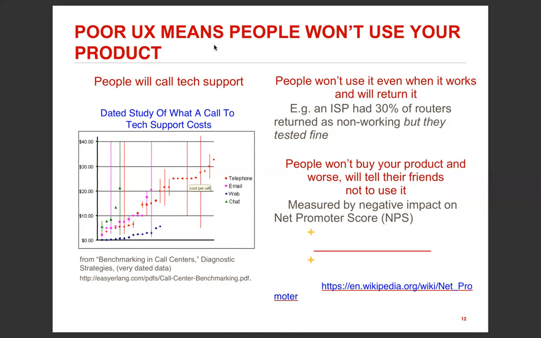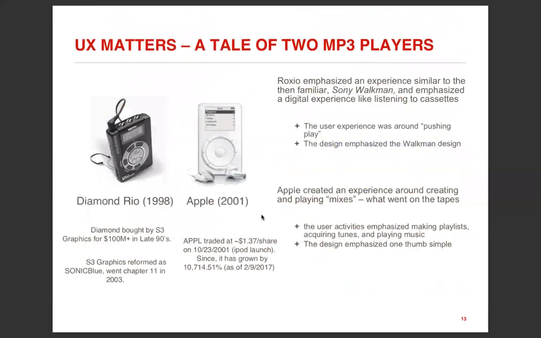People won't use it even when it works, and will return it. People won't buy your product and, worse, will tell their friends not to use it. So this is how far you can risk the organization if you don't take the user into perspective when designing such products.